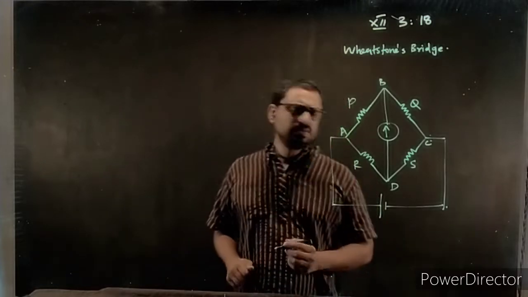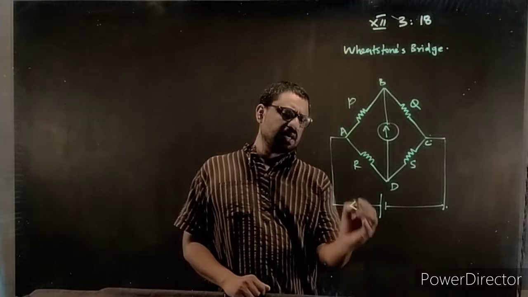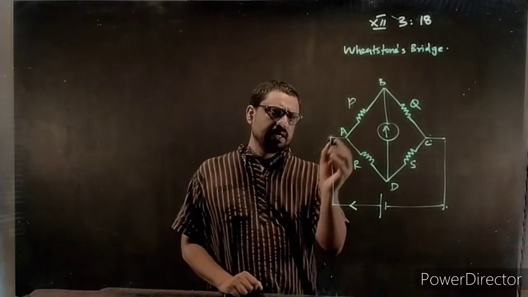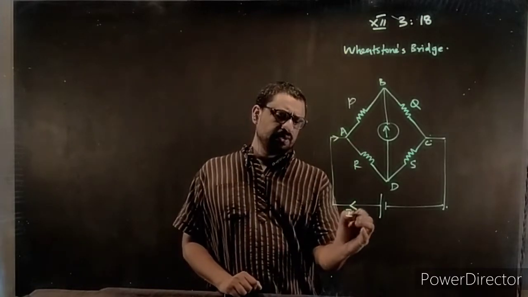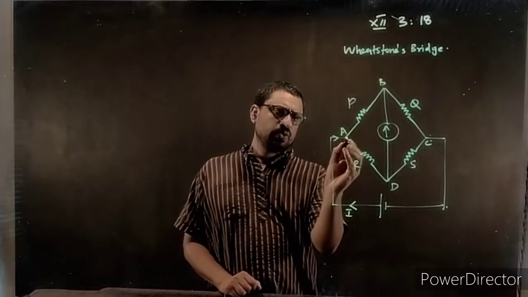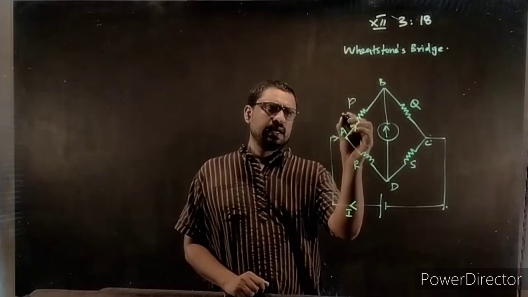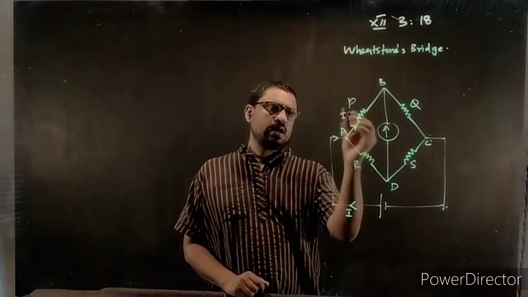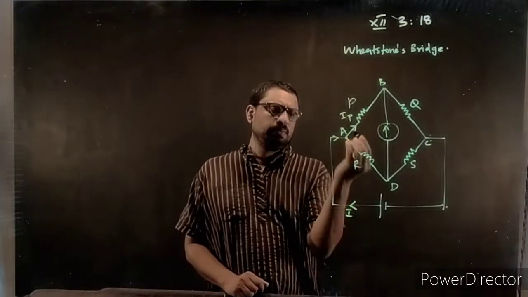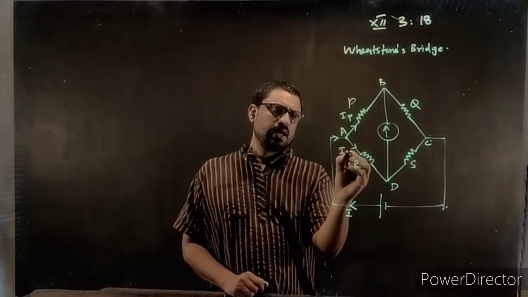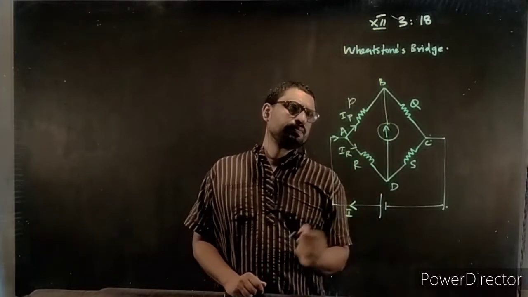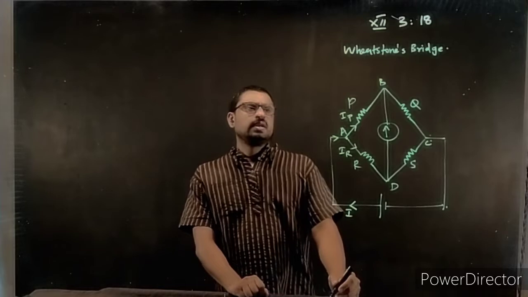Now, what happens? Current will start to flow from the battery, the main current I. It will reach here and it will be split as IP and IR.